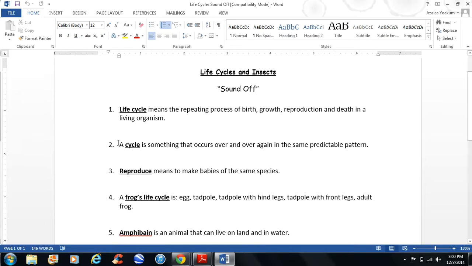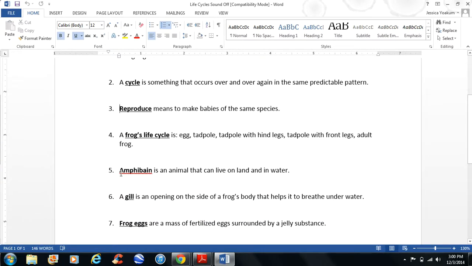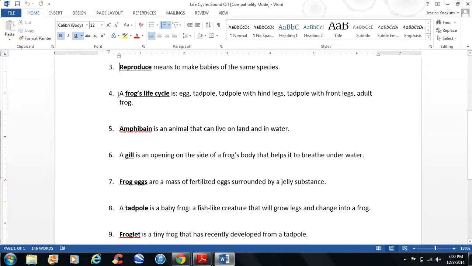A cycle is something that occurs over and over again in the same predictable pattern. Reproduce means to make babies of the same species. Number 4, a frog's life cycle is egg, tadpole, tadpole with hind legs, tadpole with front legs, an adult frog.